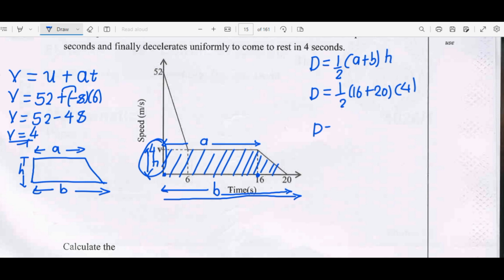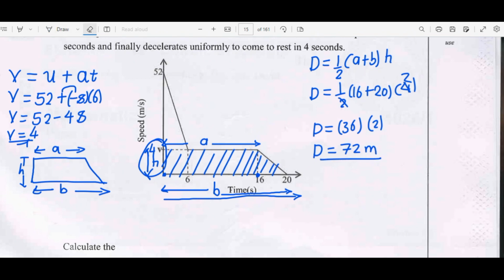So we can add 16 and 20. 16 plus 20 will give us 36. Then half of 4 will give us 2. Then 36 multiplied by 2 will give us 72 meters. So this is the distance for the first part.